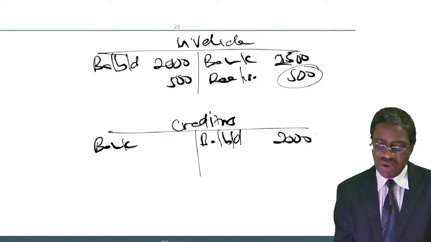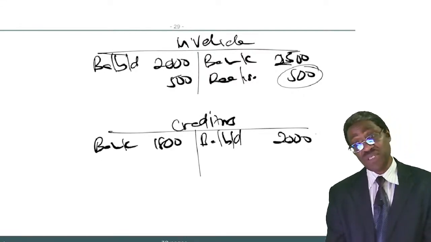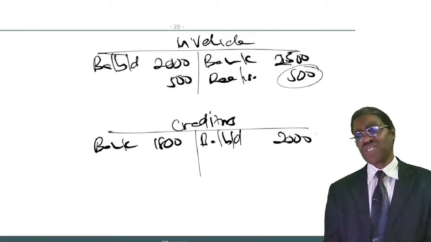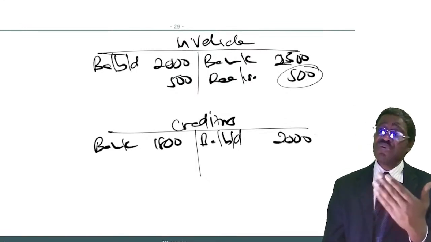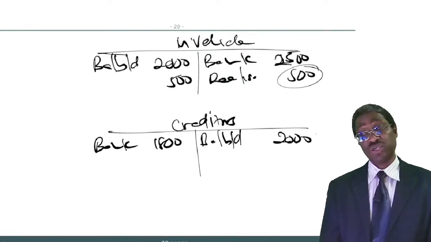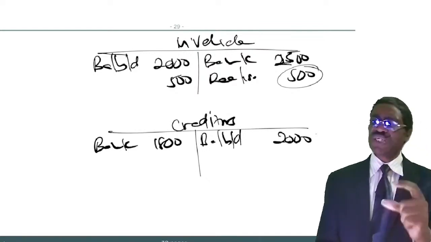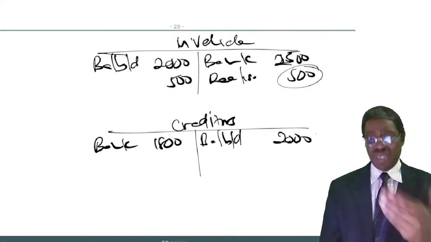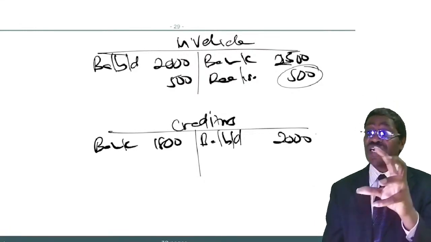Debited creditors by 1.8 million and you credited bank 1.8. If you look at this account, there is a balance of 200,000. Does it mean we still owe the creditors that much? No. We owed them 2 million. They were willing to accept 1.8 million in full. Means therefore that we as a company A, we have been given a discount.